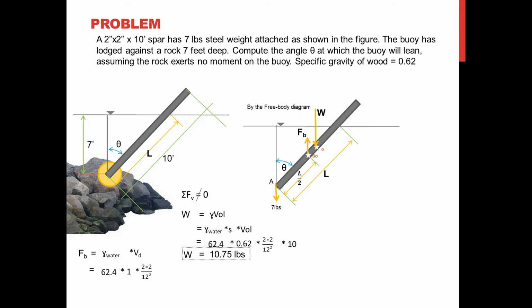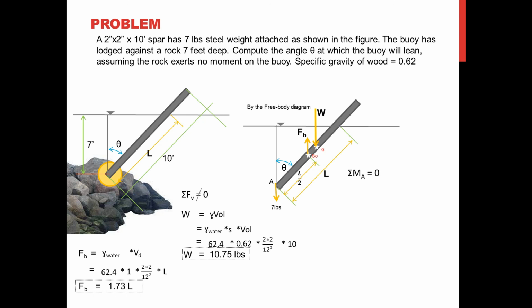The volume, we have the same cross section, but this time we multiply it by the length, because the length submerged is unknown. So we get the value of the buoyant force in terms of the length, 1.73 times L.